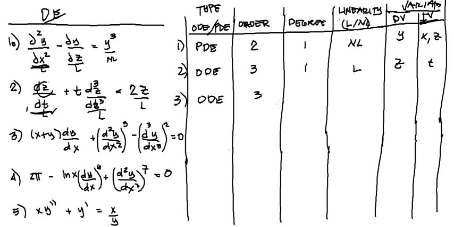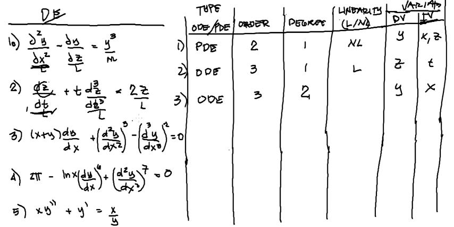Then the degree is based on the highest order derivative. This is our highest order derivative, and its exponent is 2. That's why the degree is 2. And our dependent variable here is y, and the independent variable is x.